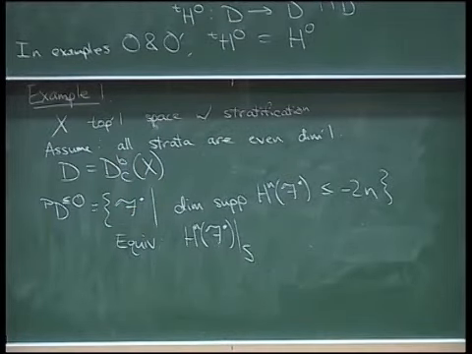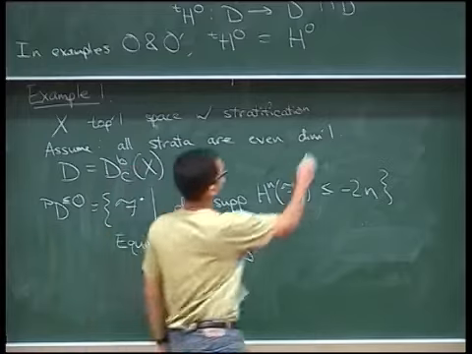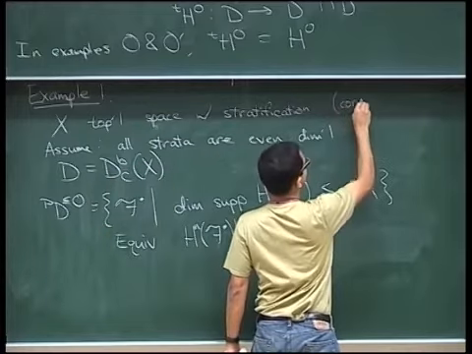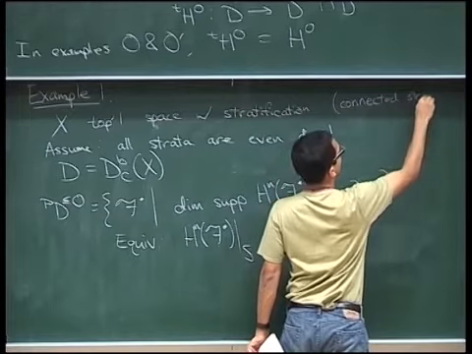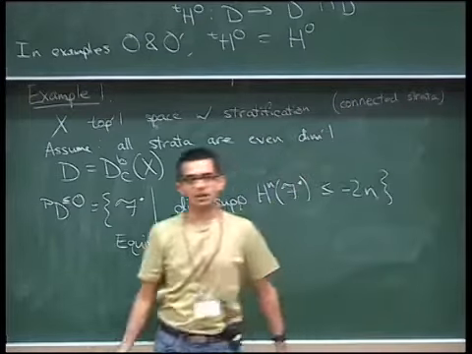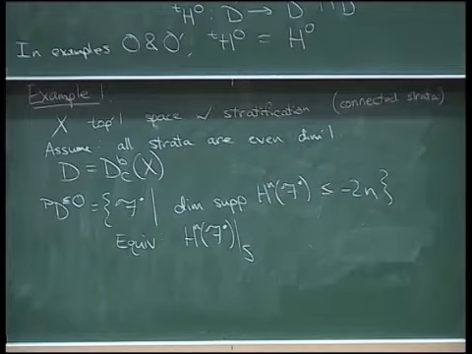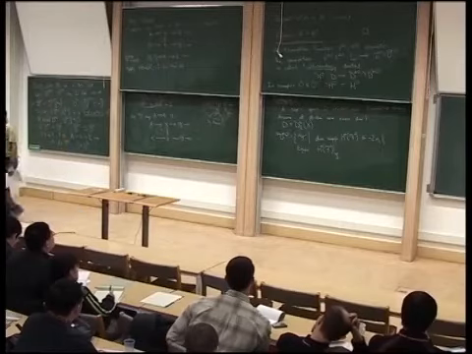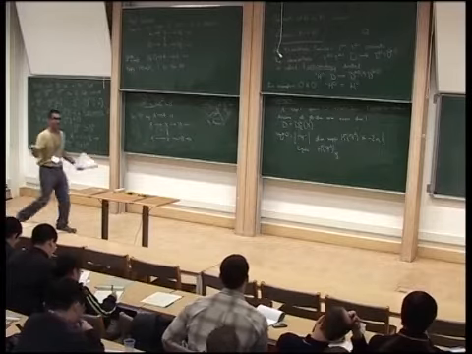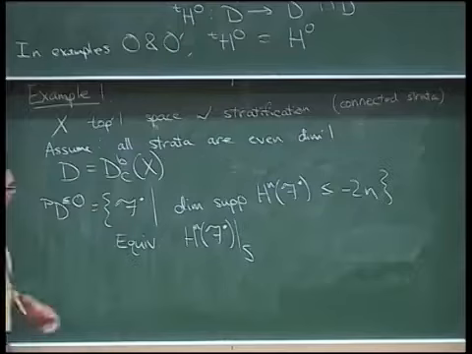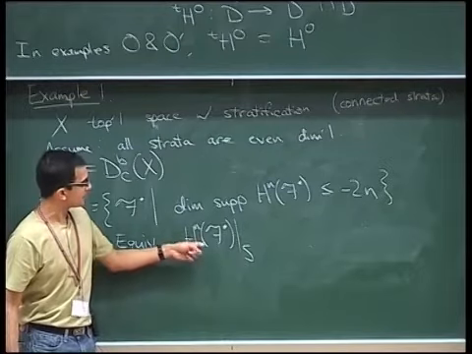So for a local system on a stratum, I guess maybe the strata should be connected for what I'm about to say to make sense, either its support is the whole stratum or it's 0. So what can you say about when this has to be 0?